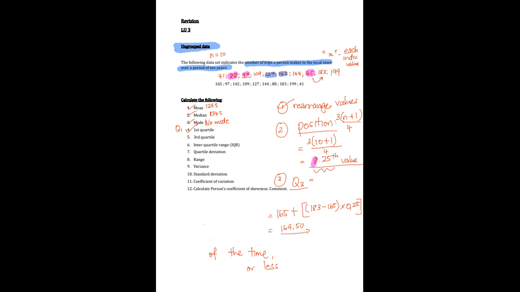In terms of your interpretation, since this is the third quartile, this is showing you 75% of your data. So 75% of the time, a person makes 169.5 trips or less to the local store.